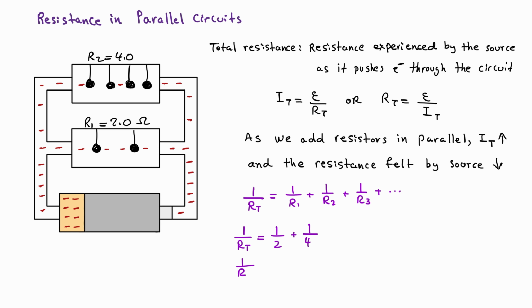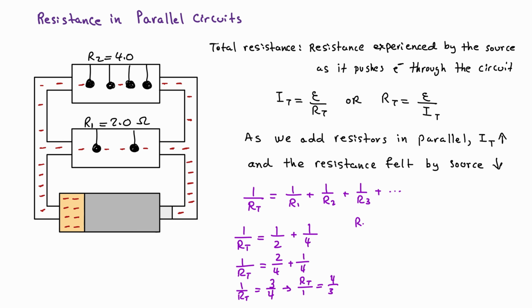I'm going to take a common denominator of 4, and I'm going to go 2 over 4 plus 1 over 4, and 1 over RT will equal 3 over 4. And since 1 over RT is equal to 3 over 4, if I take the reciprocal of both, I get RT over 1 is 4 over 3.